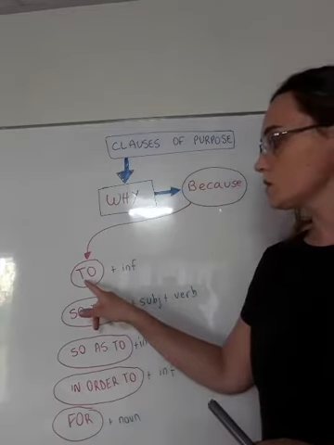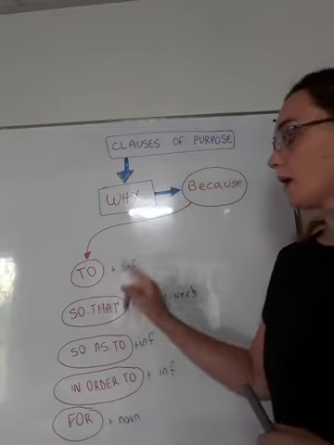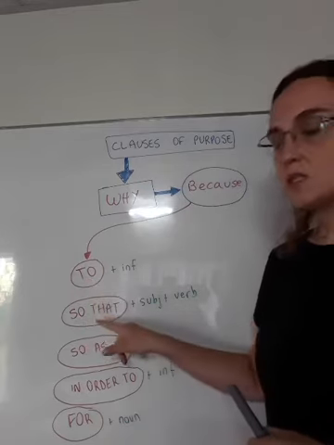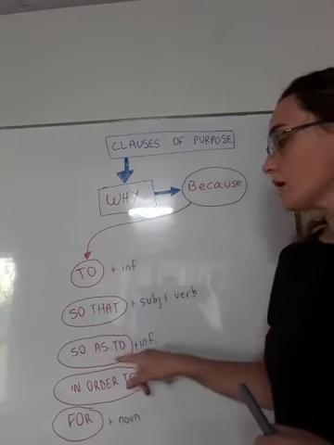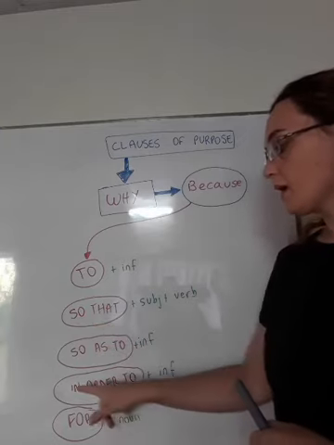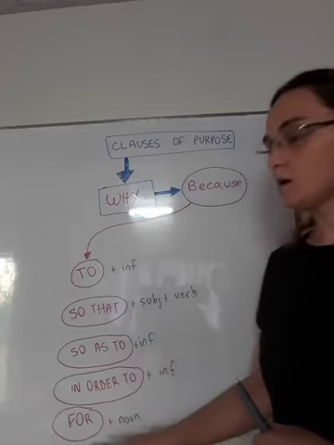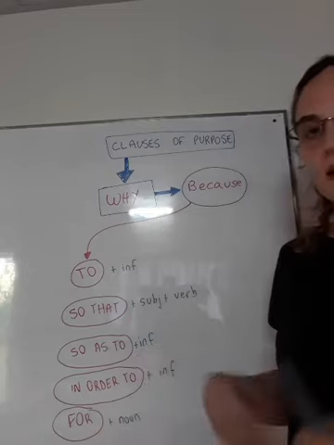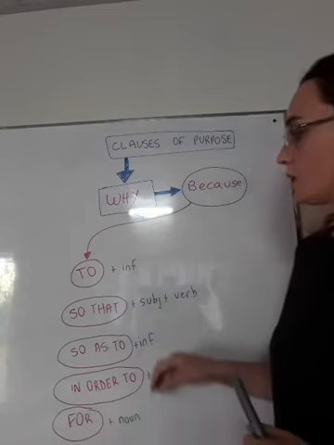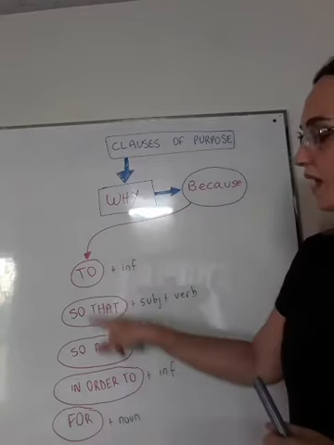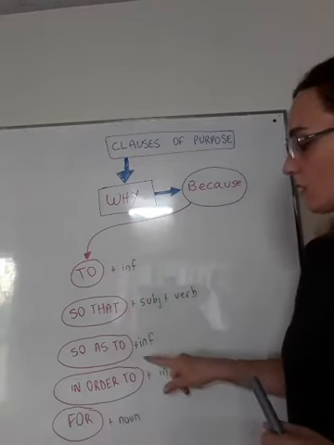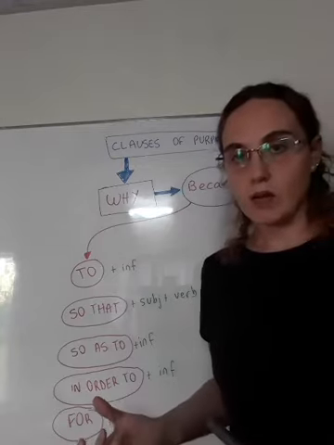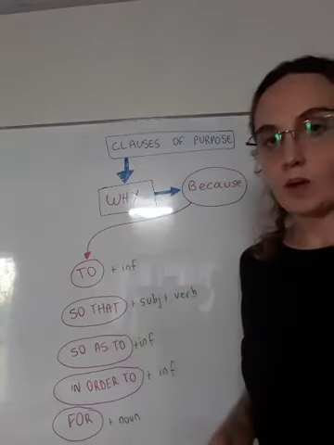We can use to, it means para, so that, para que, so as to, para que, in order to, para, for, para. A lot of different words and phrases. And each one of them is used in a particular way that we have to take into account. We cannot use it the way we want.